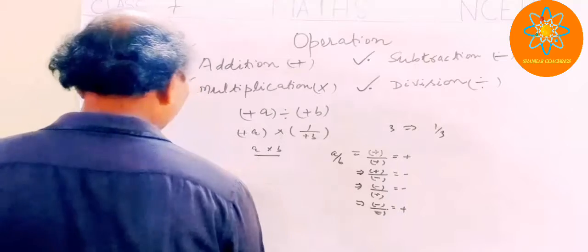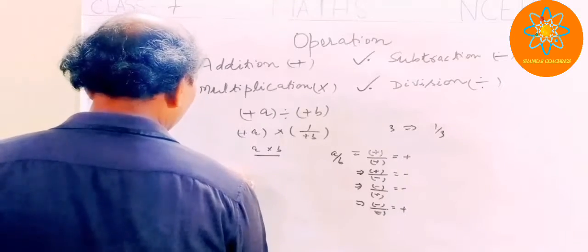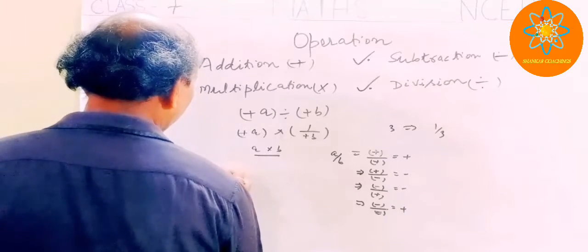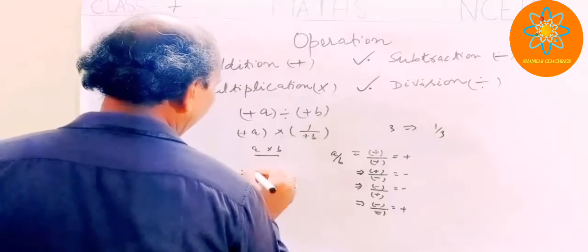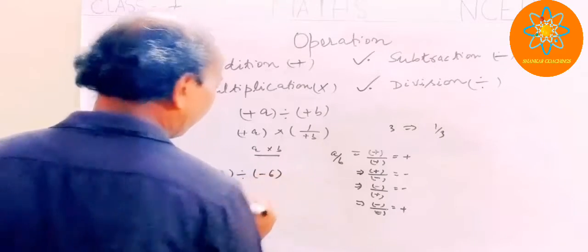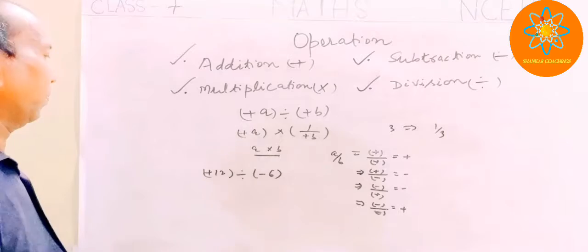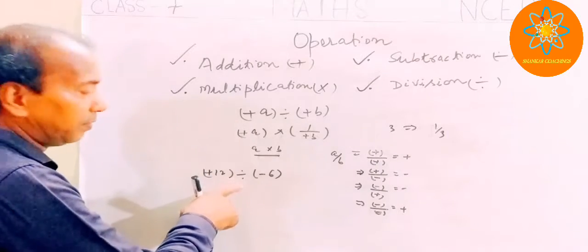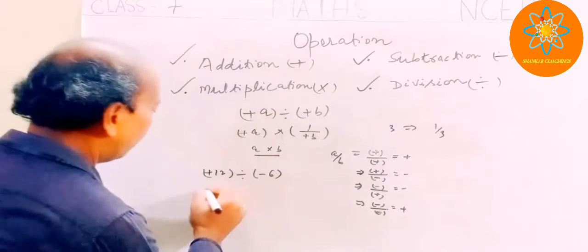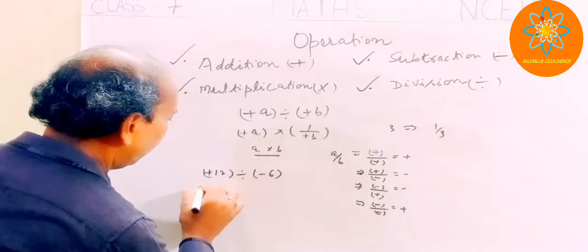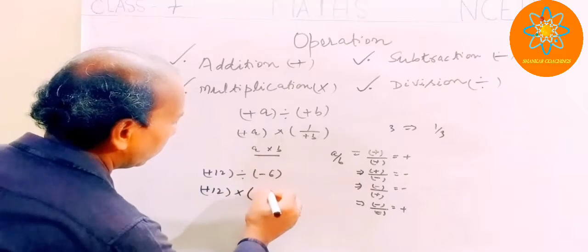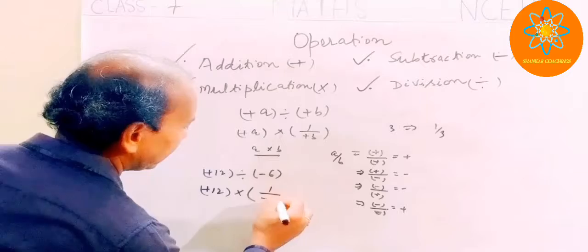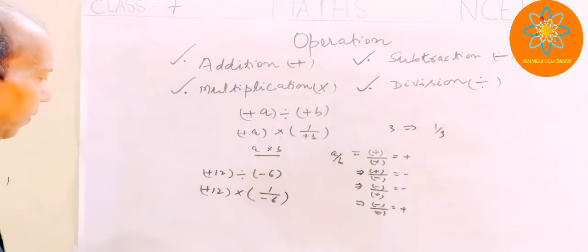I'm taking a few examples. Let's suppose I want to find plus 12 divided by minus 6. What is the first step? The first step I will take is to change this divide into multiply. So this is plus 12 into 1 by minus 6, taking the inverse of that one.